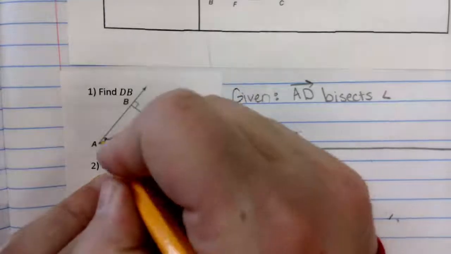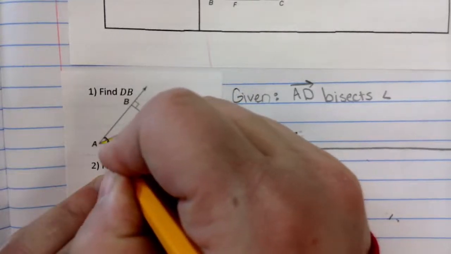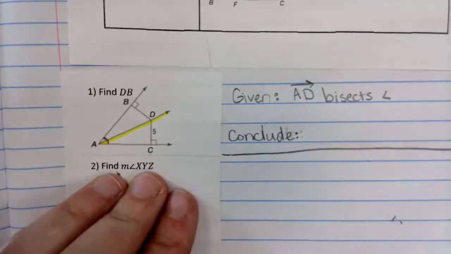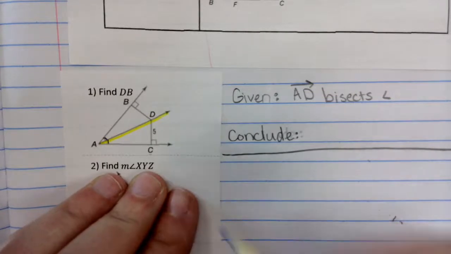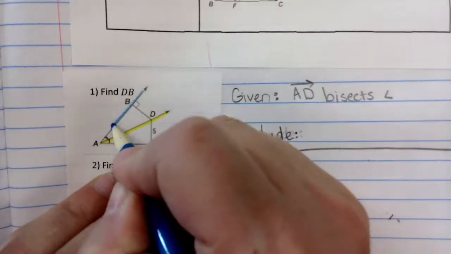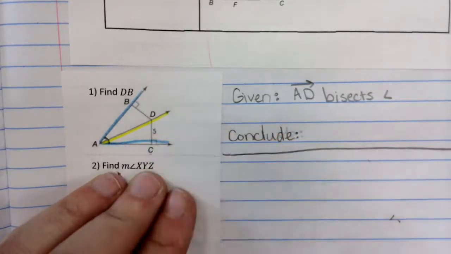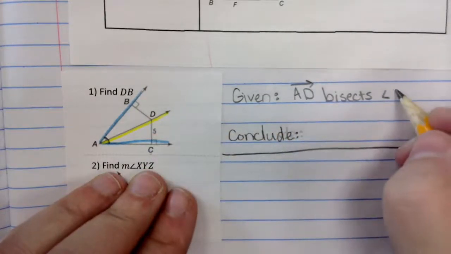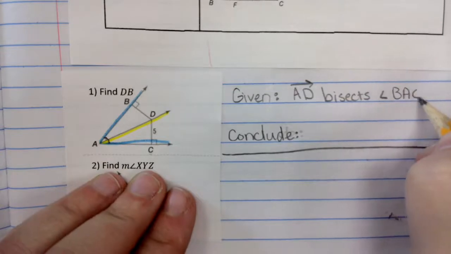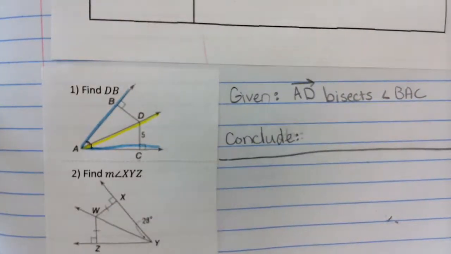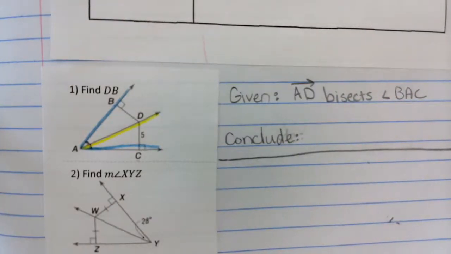Because it told us they were congruent. They had these little teeny tiny arcs there. That tells us that it's congruent. What's the angle that it's bisecting? BAC. Okay, so that's one piece of information we're given.